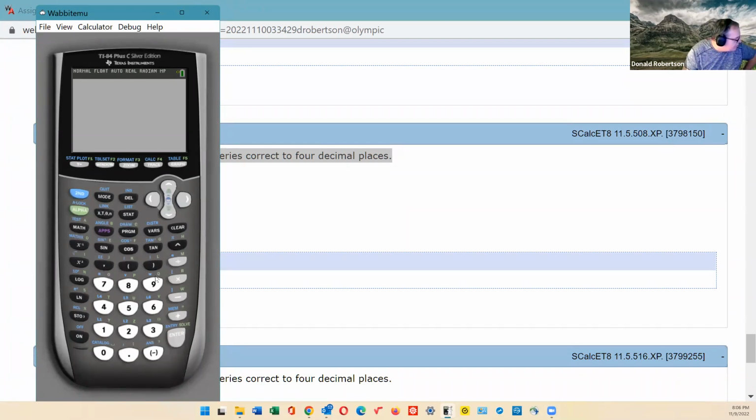So that's 3 to the power of 5 multiplied by k factorial, so that becomes 5 factorial. So hit the math button and move over to probability and choice 4. And I forgot to put in the 5 first. 5. Then I do the factorial.